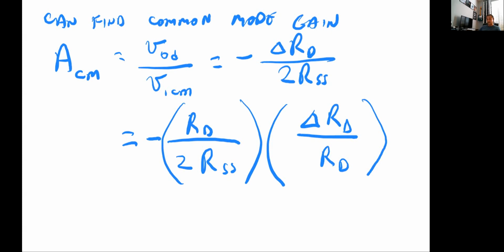We want the differential gain, which is what we want, to be much higher than the common mode gain. If you look at any data sheet for an op-amp, you'll see this specification. This is a design parameter for op-amps.